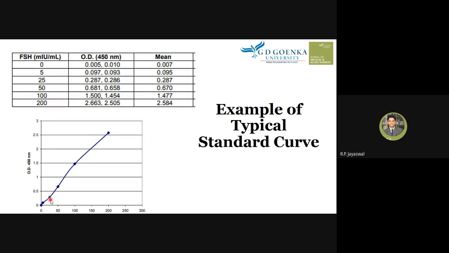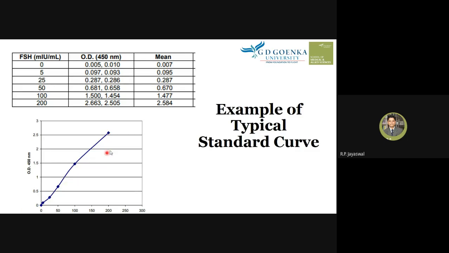At 25, approximately 0.277. At 50, the OD is 0.670. At 100, the OD is 1.477, and at 200, the OD is around 2.584. So with concentration versus OD, we can have a plot.